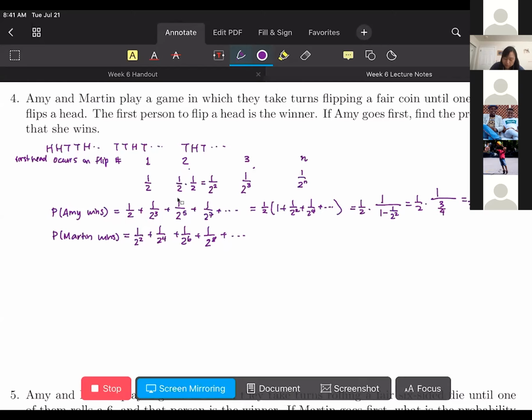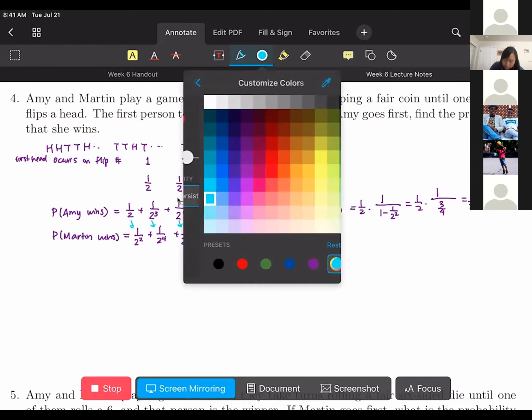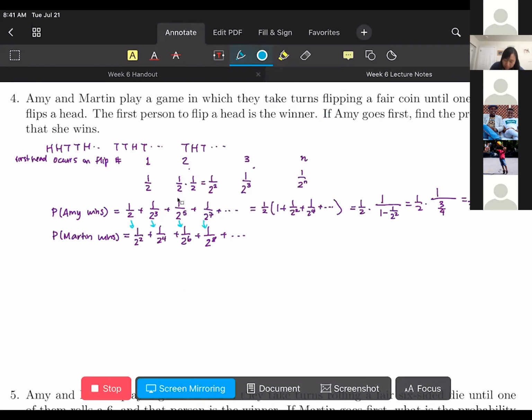Another way we could do this, once we're at this step, is we can note that each term here is twice the term in Martin's series. So that tells us that the probability that Amy wins equals 2 times the probability that Martin wins.